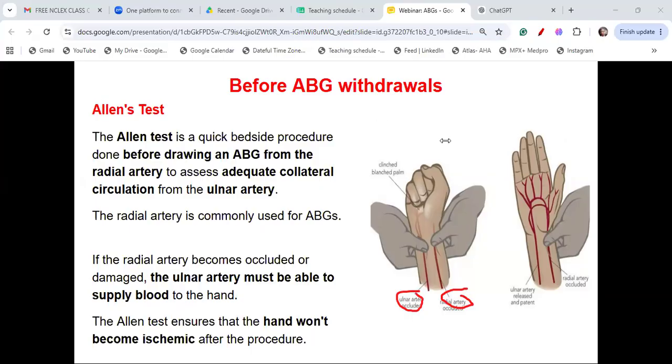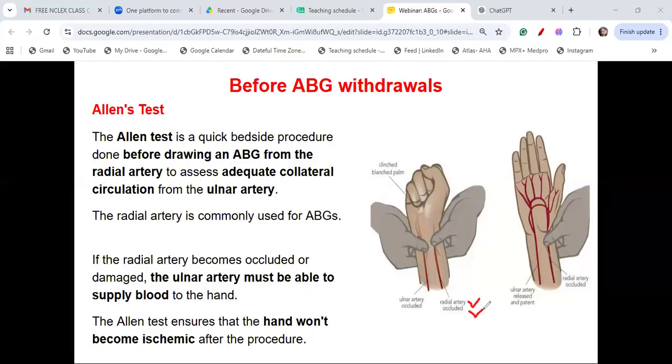The radial artery is the one that is commonly used when they want to take samples for ABG. Okay, so let's see how this test is done. You have to occlude one to see if there'll be collateral circulation.